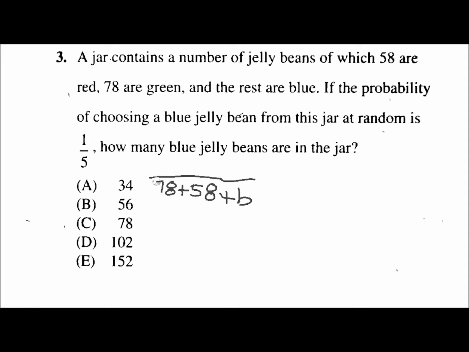And your numerator, of course, would be the number of blue jelly beans you have, and it, of course, is equal to your probability, which is 1/5.